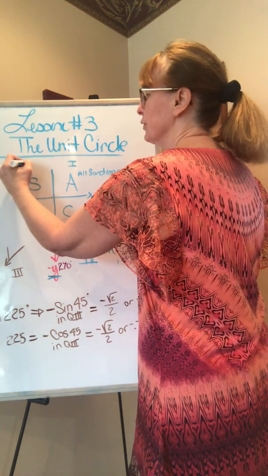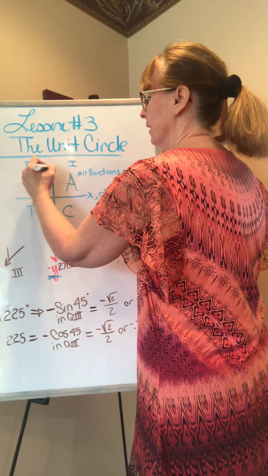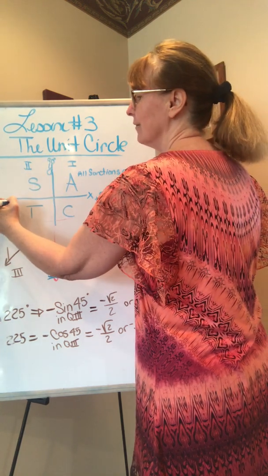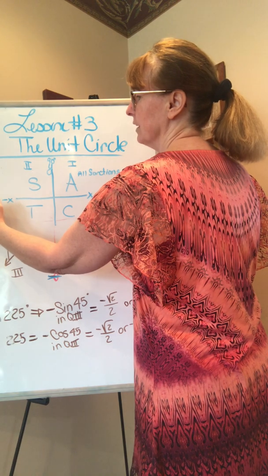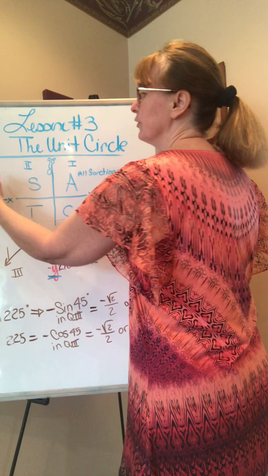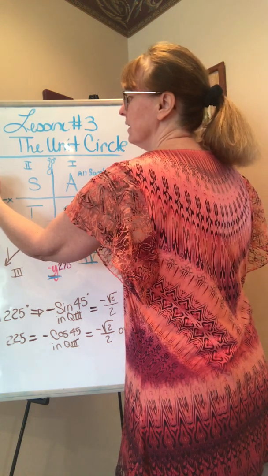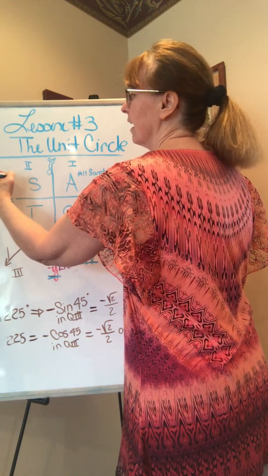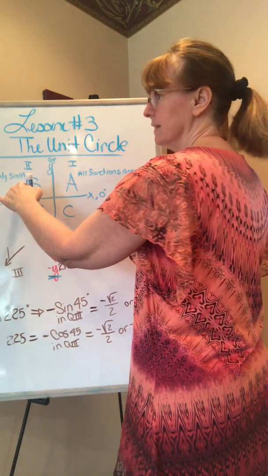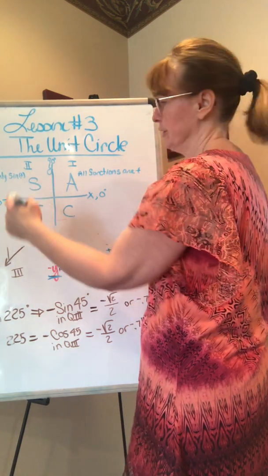In quadrant 2, here's my positive y, my 90 degrees, and my negative x, my 180 degrees. S is the only guy in quadrant 2. This means only sine is positive. That means cosine and tangent would be negative in quadrant 2.